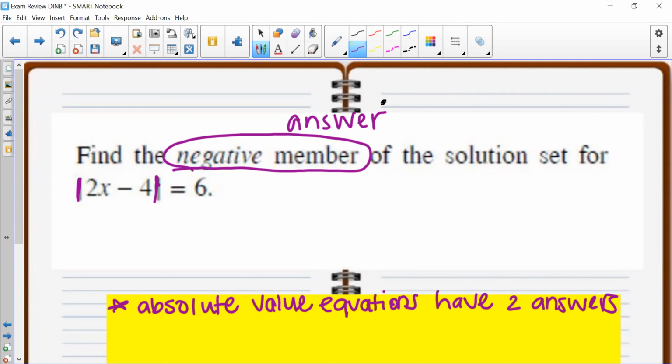All right, so to find your solution set for absolute value, first, we isolate the absolute value, which is already done for us in this problem. Remember, we want the absolute value alone on one side of the equation, which is already done. And then we split into two equations.